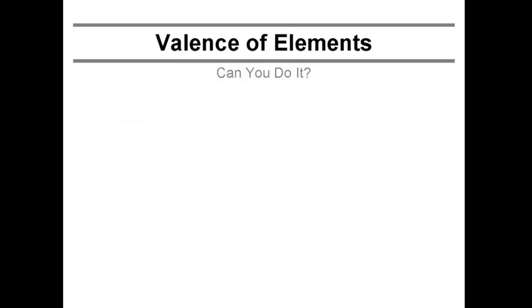Okay, good. Now, this ionic charge, we often refer to as valence. This is my ionic charge of elements. Can you do it? Again, I'll let you figure this one out. Here's my first question. You should be able to crank this out in very short order. What's the valence of lithium? Use your periodic table.